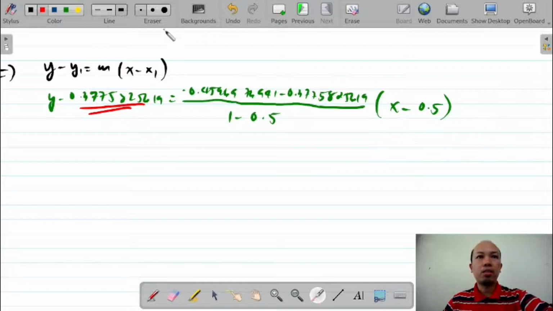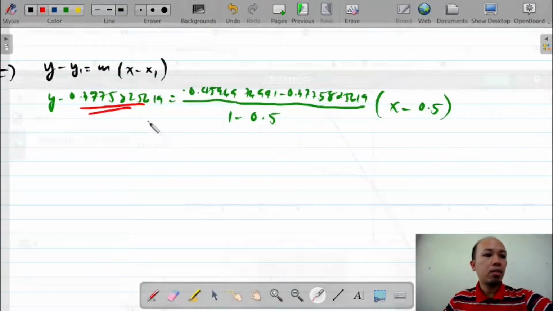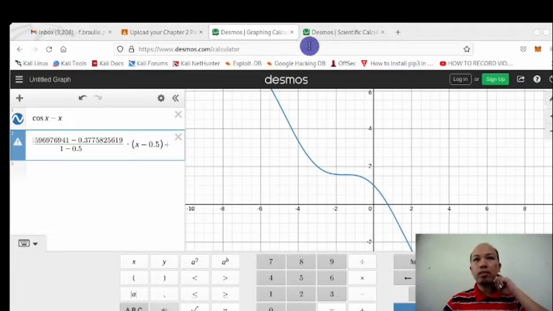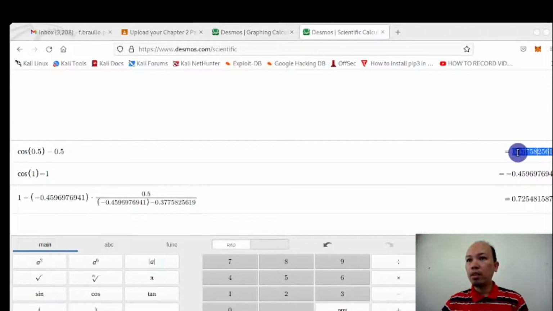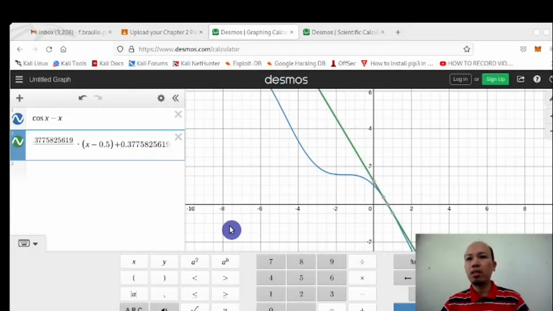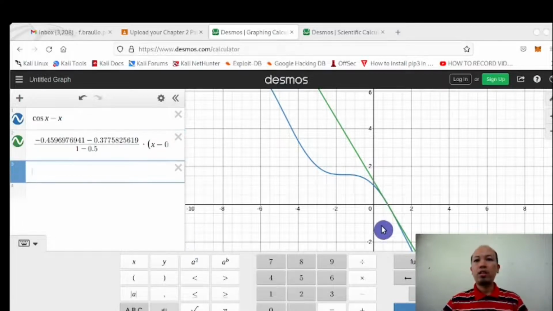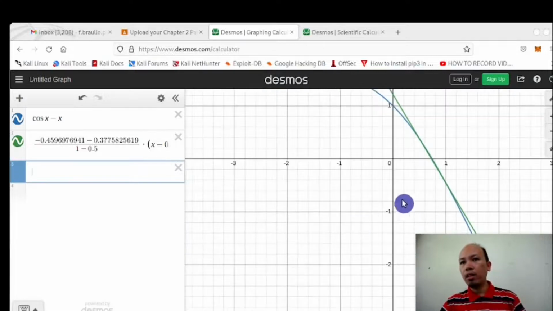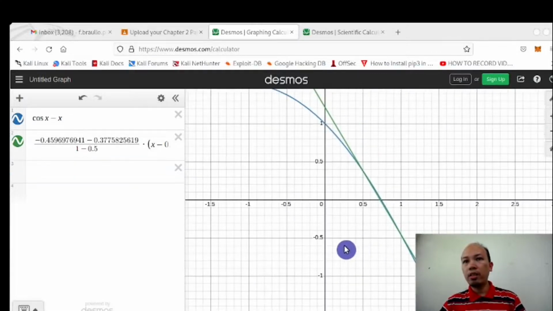Okay, so let's go to our Firefox or this calculator. We have here positive, and copy this one here. Okay, so we have to paste. Okay, and hit enter. So this is the graph of the second line, the green one.